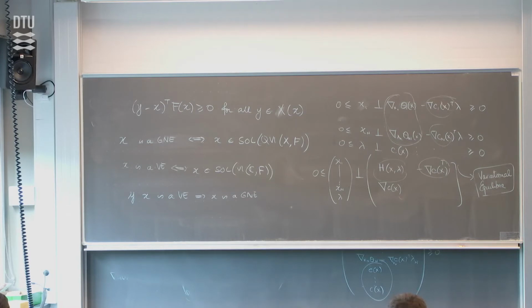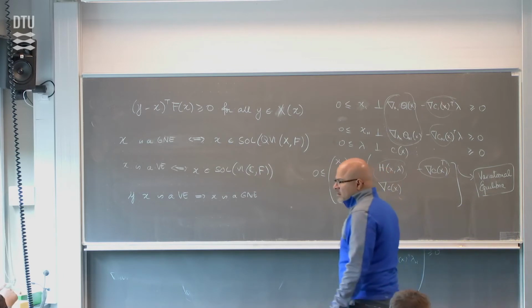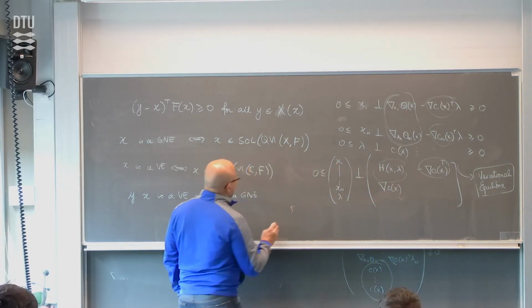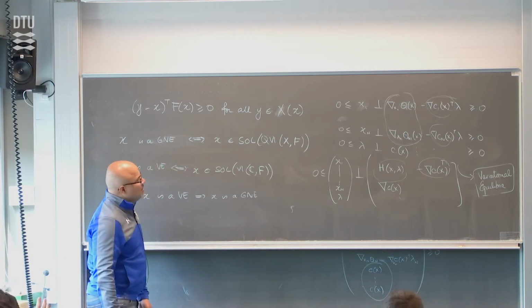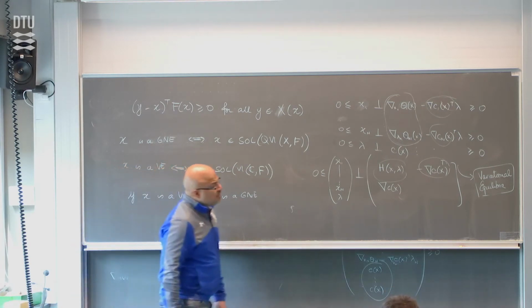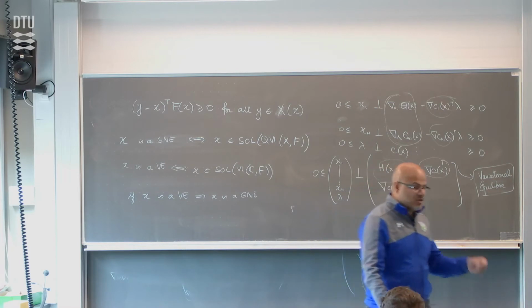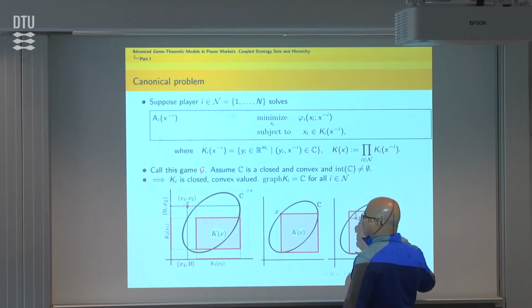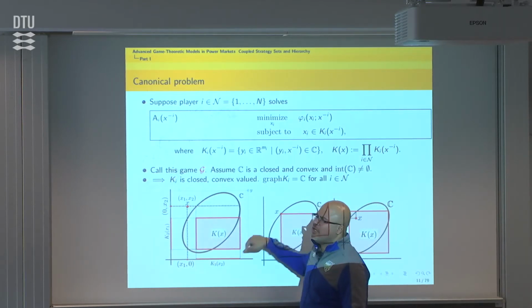Now, let me ask you a question. C is the set that you give. Is it smaller than or more compact than the original K? The original K is a set-valued map, so its image keeps changing. If x is here, this is K of x, this is C. If I move x out, it could be here.